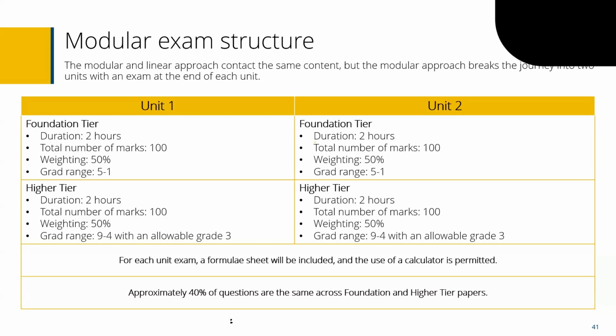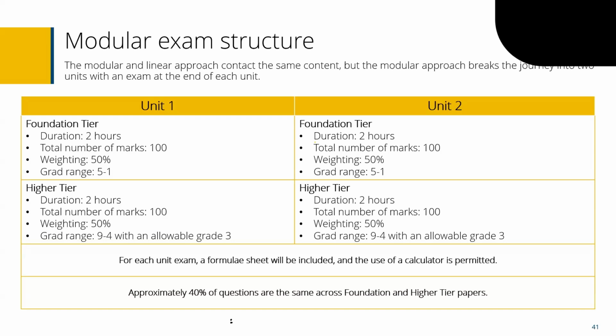Students taking the linear approach will have studied all the content before the exam. So our linear specification is structured in a way where all the topics can be assessed in both exam papers. Examinations on both routes contain a mixture of different question styles, including multiple choice questions, short answer questions, calculations, and extended open response questions too.